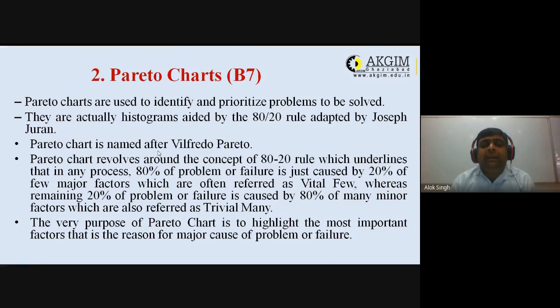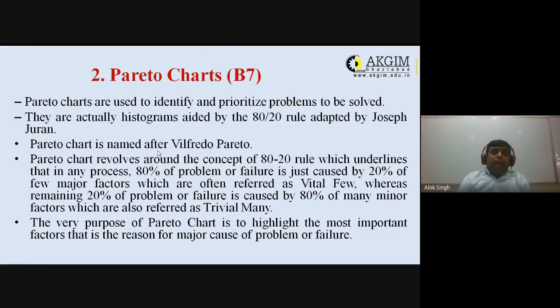It means you should identify the 20% of causes behind 80% of failures. And you should mitigate those 20% causes first, so that you can eliminate the 80% of defects from your system.